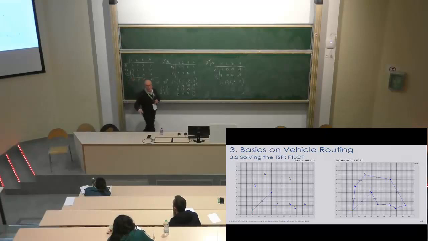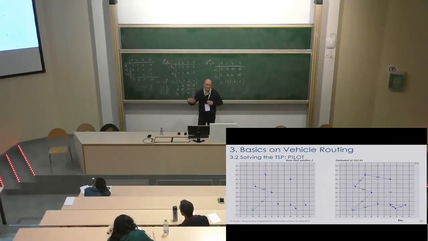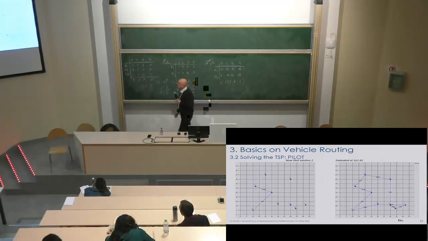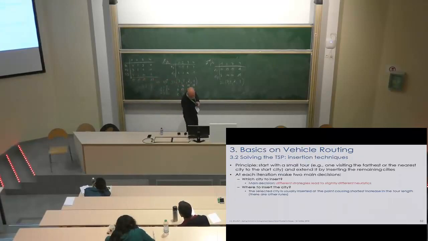So I take the second choice, which is not the nearest neighbor, it's something else. And I continue. I am at city 1, I test city 5, and then after that, I will test city 2, etc. And I iterate, and at the end, I have a solution which is possibly better than a bad nearest neighbor.